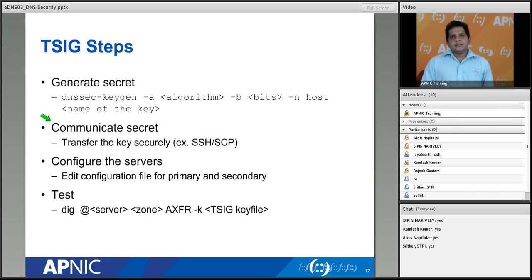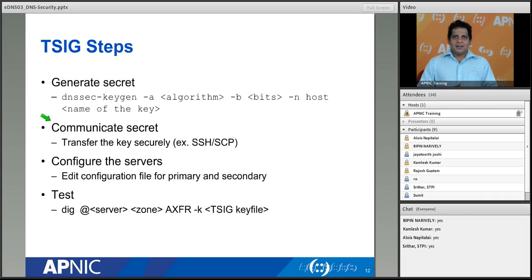So once this is decided, then we need to communicate the secret. How to communicate? It's no point that we just send the secret in a very unsecured email to the other party, right? If you're going to send this, make sure that you send it through some secure mechanism or out of band.